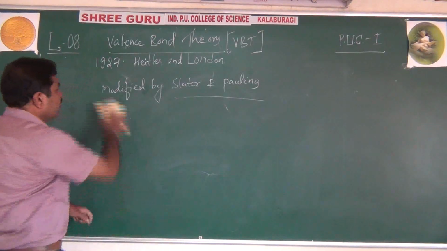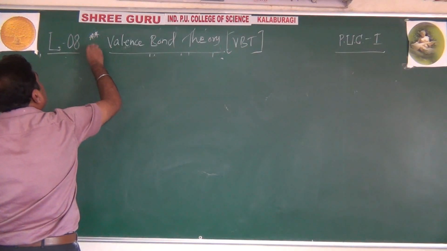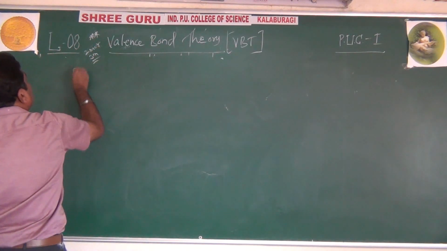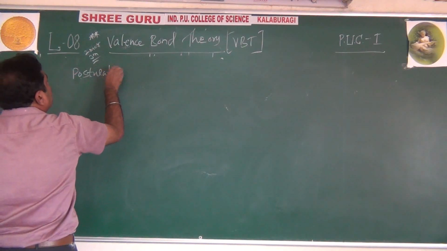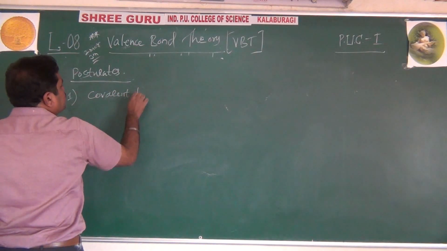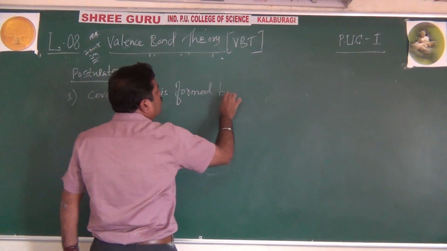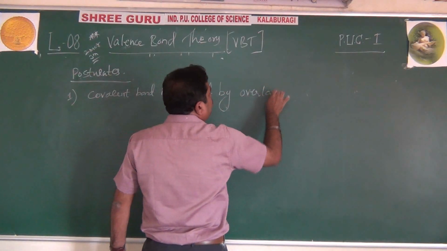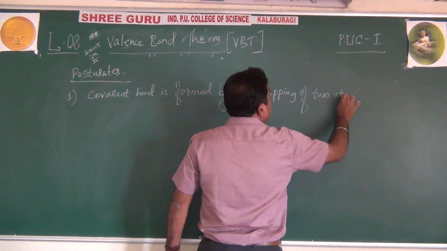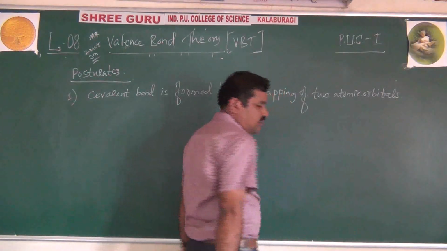The first postulate, very important for 2 or 3 marks in theory: a covalent bond is formed from overlapping of two atomic orbitals of nearly the same energy and proper symmetry.